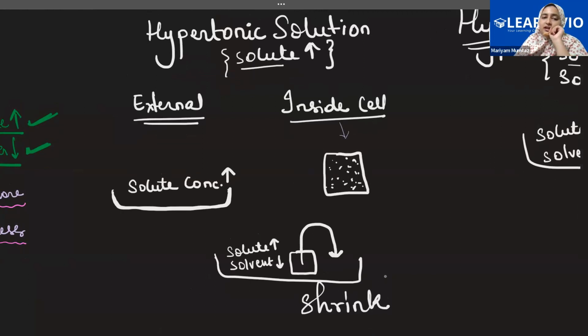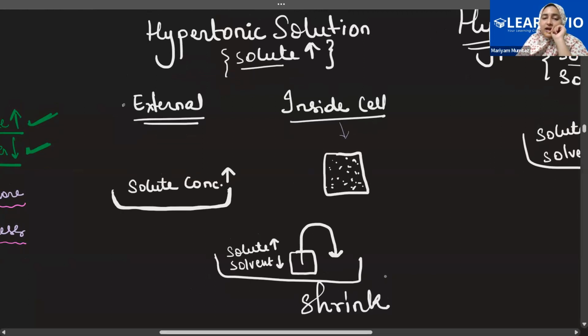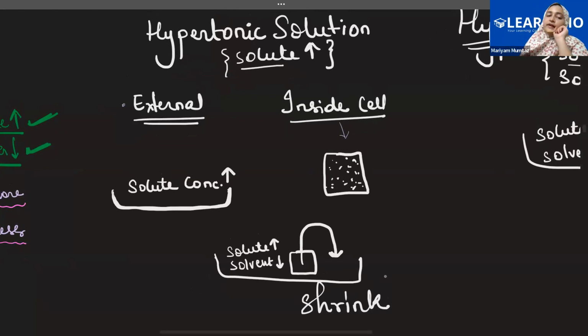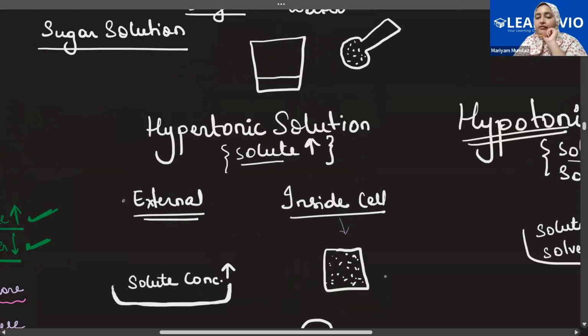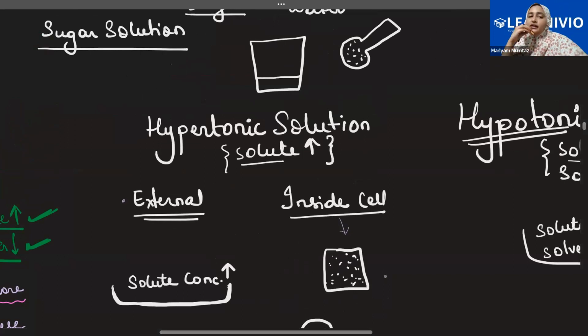And in the external environment, in a hypertonic solution, let's just say there is a plate. Now, this plate consists of a very large amount of solute. So, what do you think? If the amount of solute is very high in a solution, what will happen to the amount of solvent?